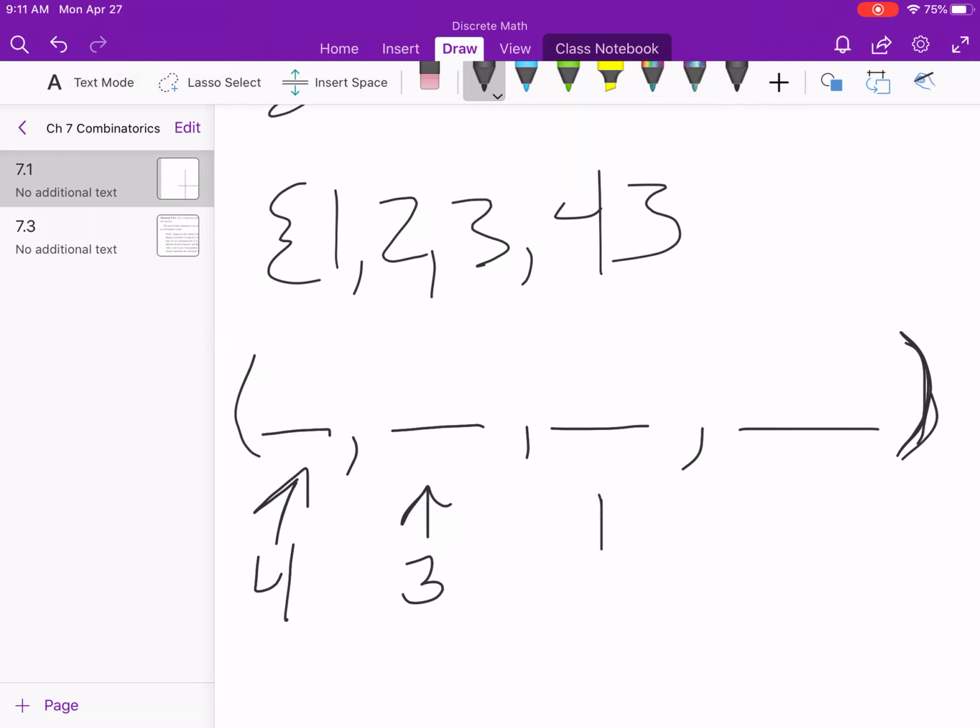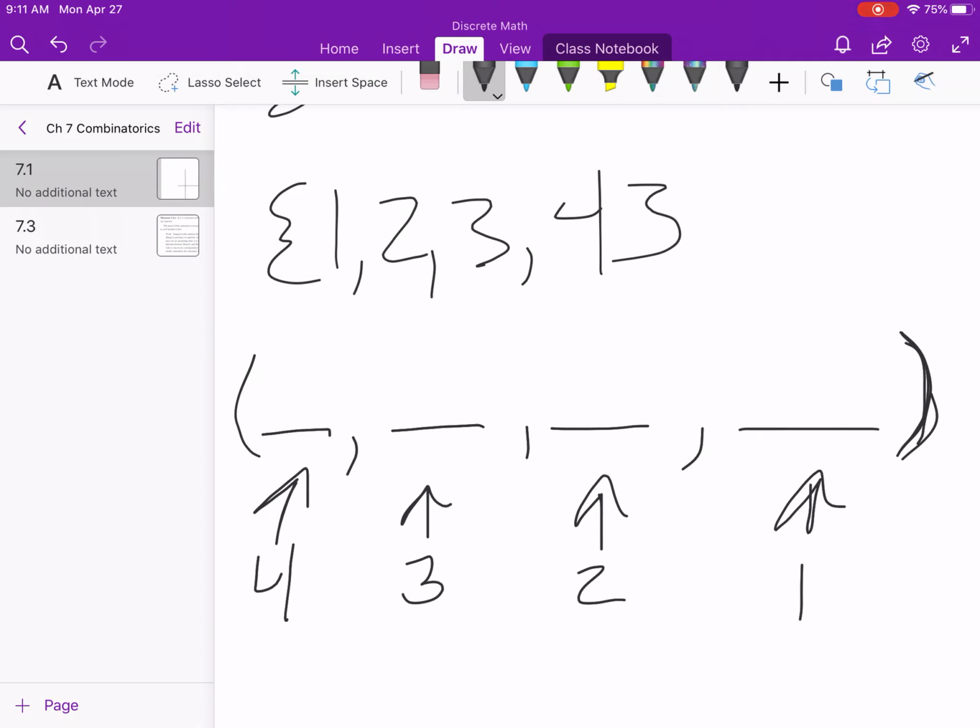Then in this slot, I can make a choice on 2 things. And finally, the last one is just 1, because if I go 1 in the first slot, then a 3, and then a 2, I have to pick 1 for that last slot.